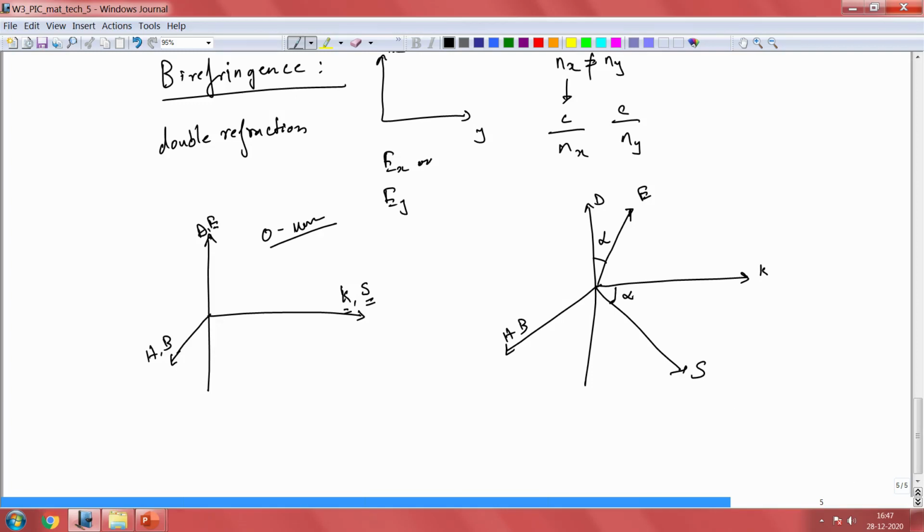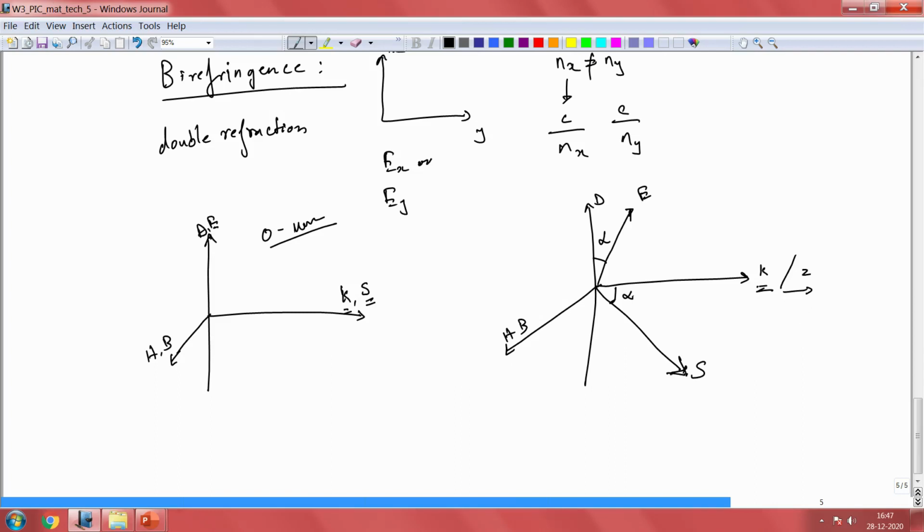So, now you can see the direction of propagation is along this K. In other words, you can also call this Z if that is giving you some imagination here. So, the direction of propagation is along this Z, but then look at the energy. So, the energy is not flowing in the direction of propagation.